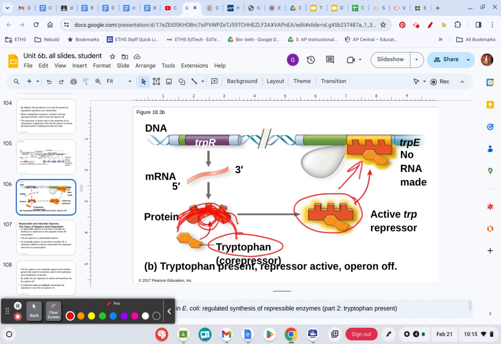Now, if it can fit in the operator site, this RNA polymerase is blocked. It can land, but it wants to get over here, and it can't get there without going along that rail. And that rail is blocked by the repressor that's bound to the tryptophan.